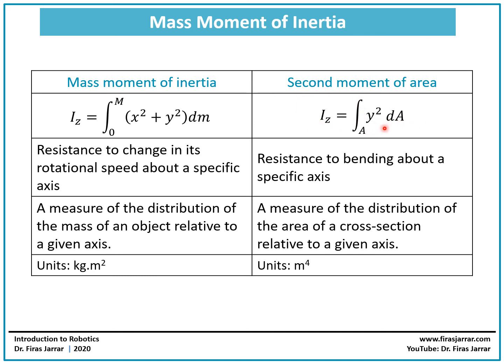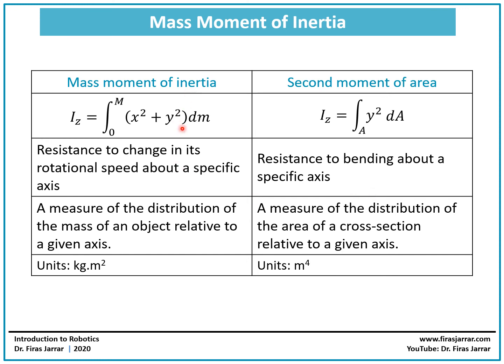The mass moment of inertia was defined as the resistance of an object to change in its rotational speed about a specific axis, whereas the second moment of area is resistance to bending about a specific axis.